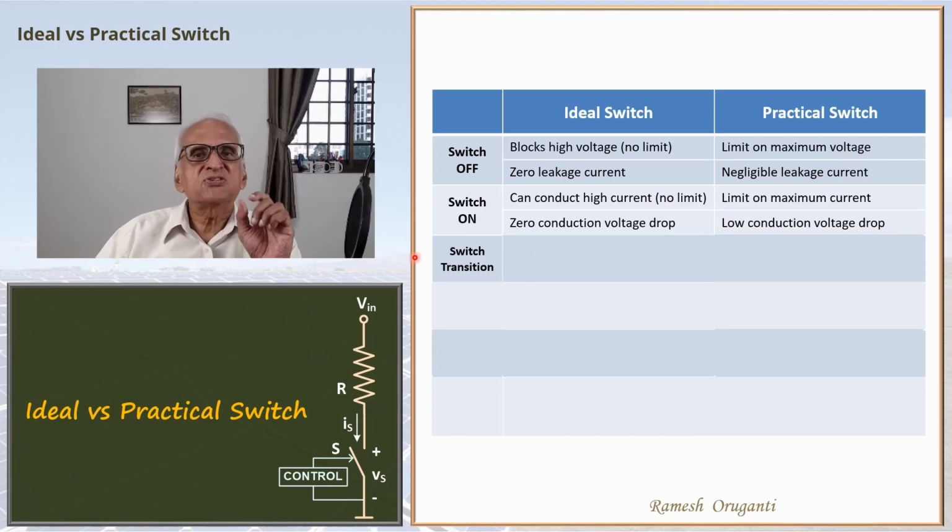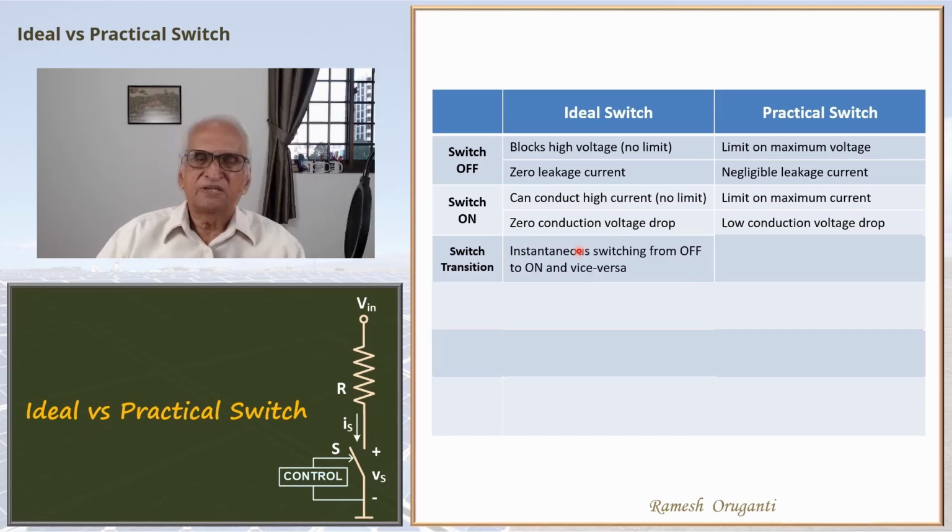An ideal switch is assumed to do the transition in zero time. An ideal switch goes from off to on and on to off instantaneously. A practical switch will take finite time. It will depend on the operating conditions and the switch type, the design, everything.